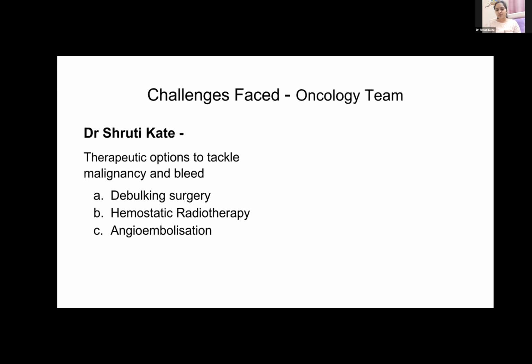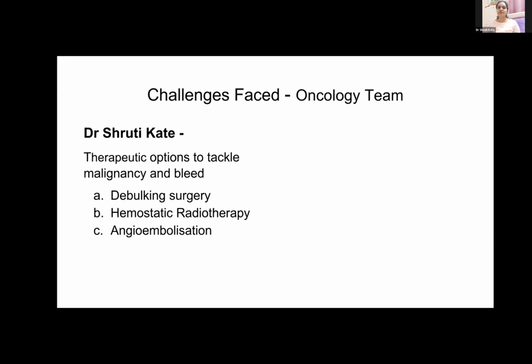Angioembolization may not sometimes help for a large tumoral bleed, because there is no single vessel which is feeding the bleeding. It's the entire tumor that is bleeding. Here you can go ahead and do a CT angio, but most of the times we don't find an active source of bleeding, and the patient is still losing blood and her hemoglobin is dropping.